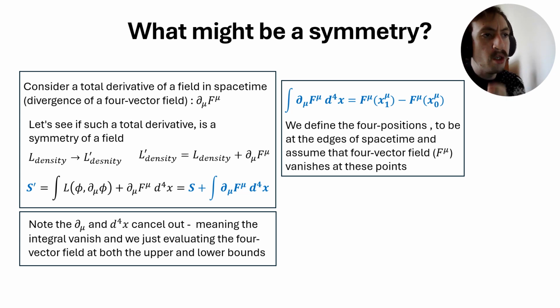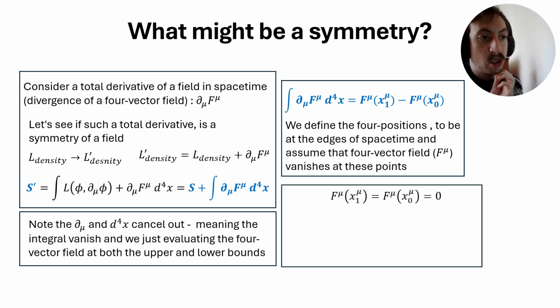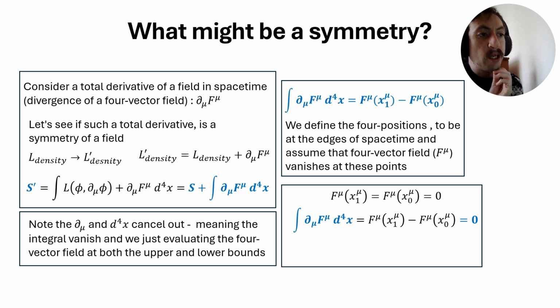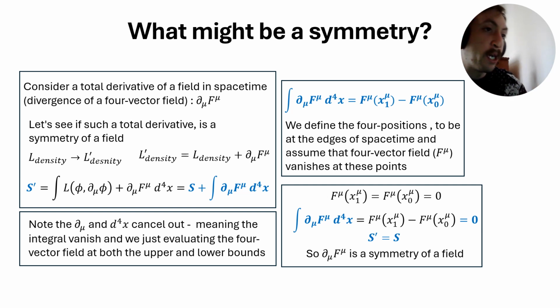And that means our upper and lower limits, well, when we put our upper and lower limits into f, we're going to get 0. Which means that our expression for the blue integral is just 0, so the new action is the same as the old action.